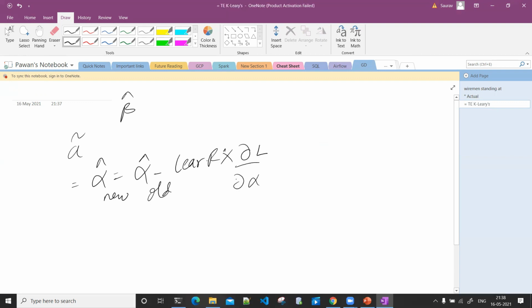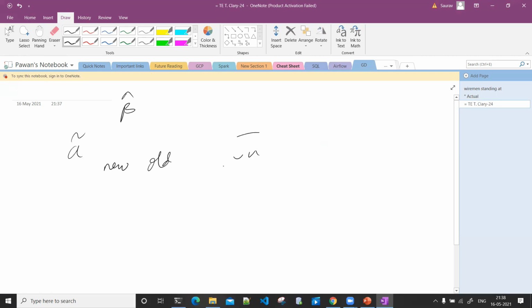Alpha into loss. Let it be, you may end up getting confused. Let me use the x example.